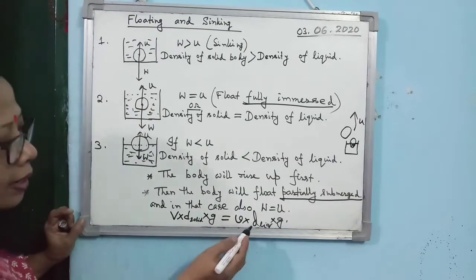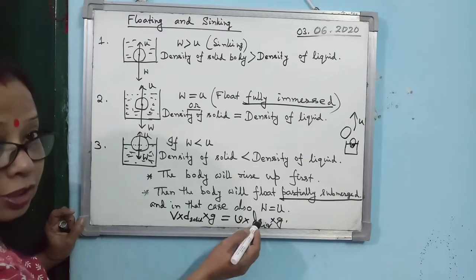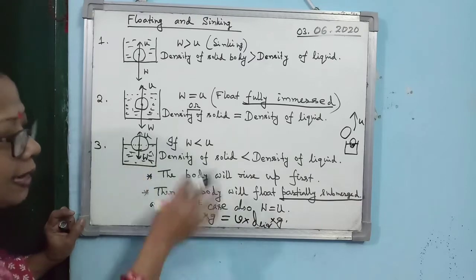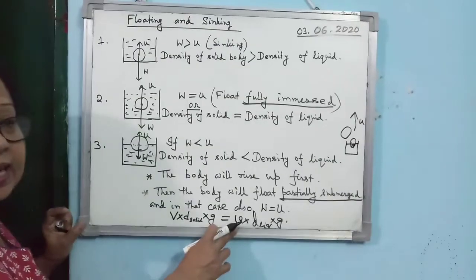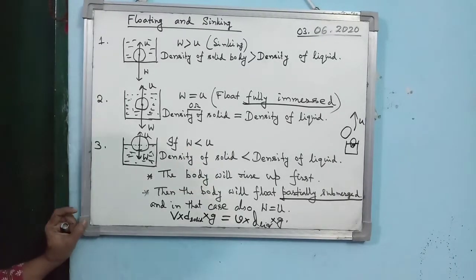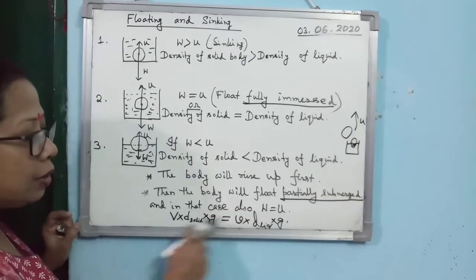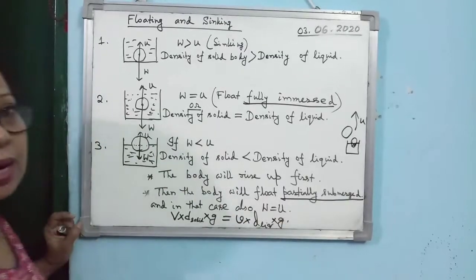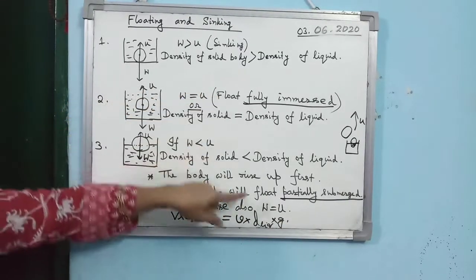Understood? So here the density of the liquid is not changing, but the volume of the body inside the liquid is decreasing. So upthrust decreases, and one time will come when weight and upthrust become equal and the body will float partially submerged.